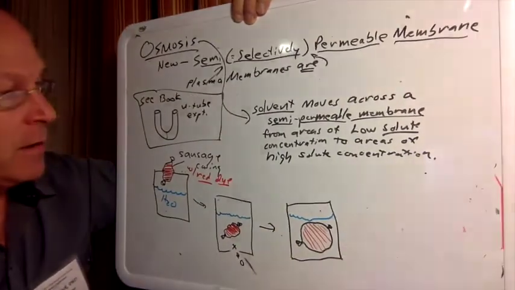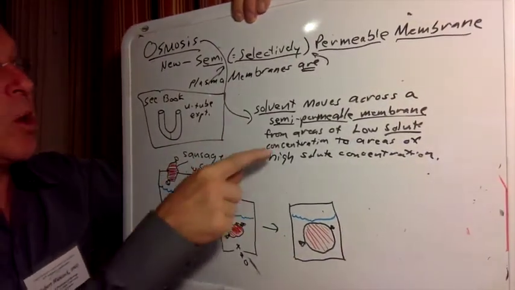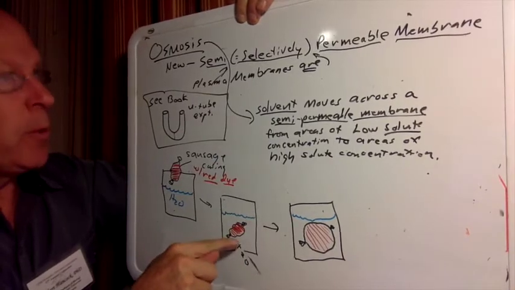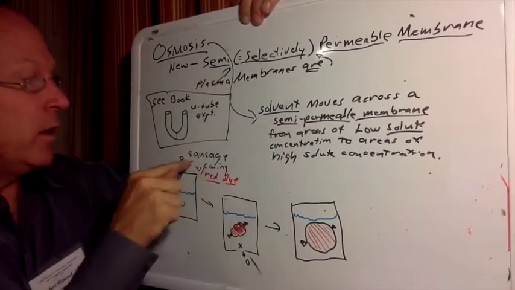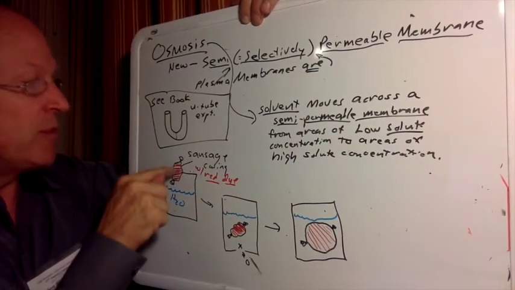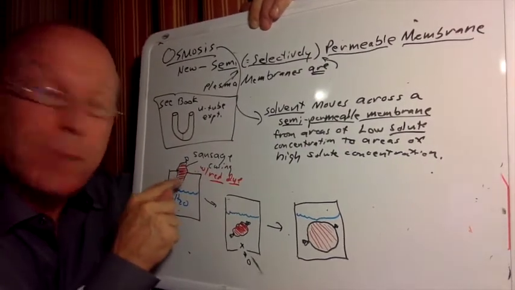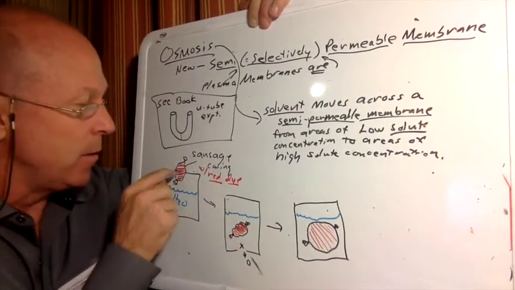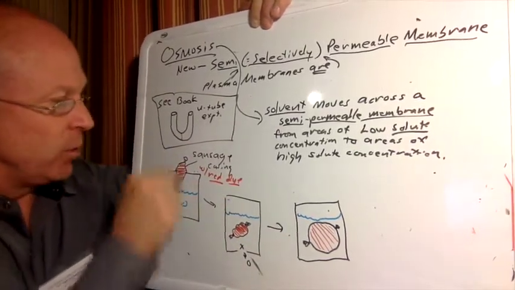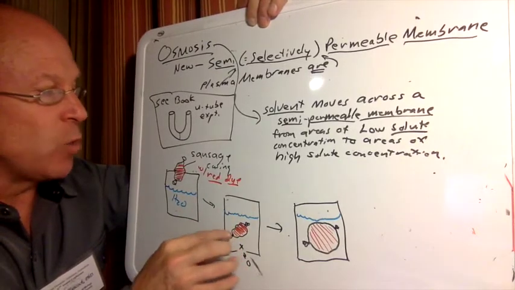So that is osmosis. Going back to the definition, the semi-permeable membrane is the sausage casing. This thing right here is the sausage casing. We've got solute, which can't cross the membrane. The red dye that's in here can't leak out of it. It's stuck in there, but water can cross. So we dump this thing down into water, and water's what crosses the membrane.